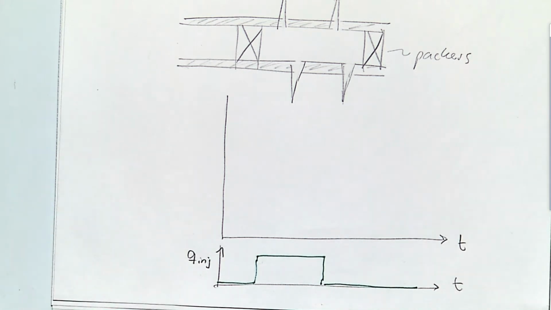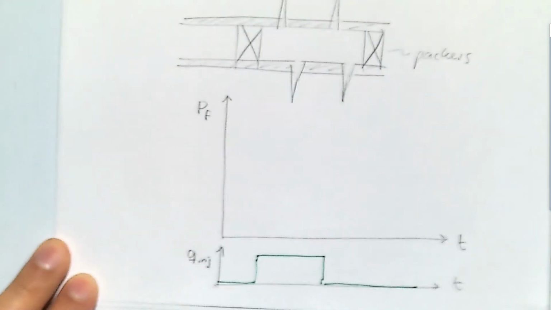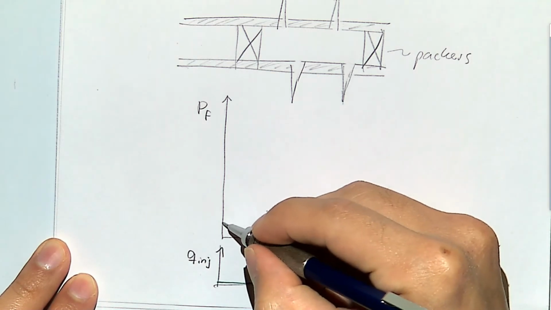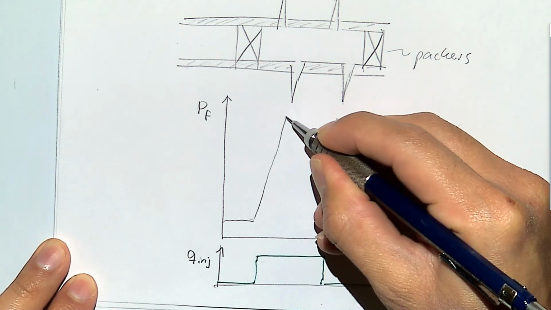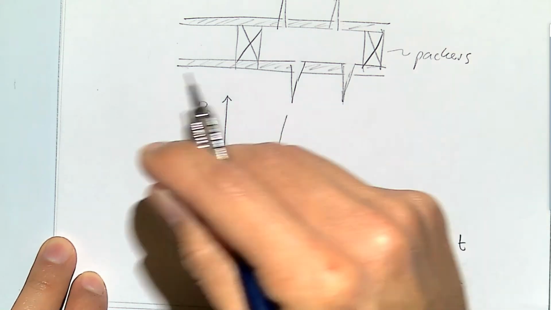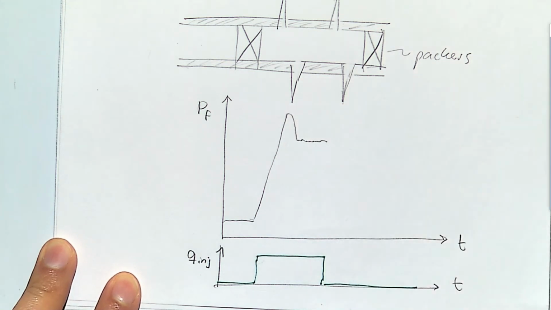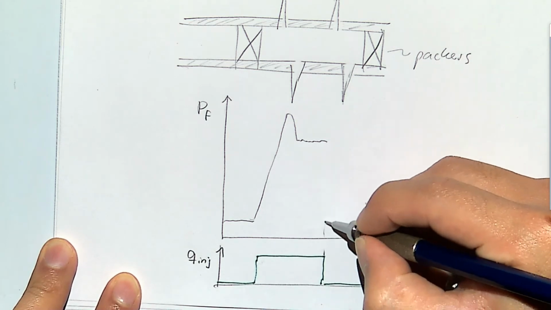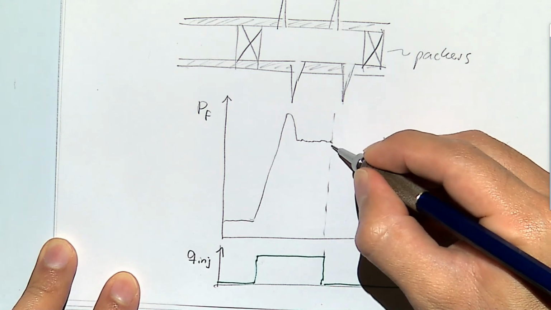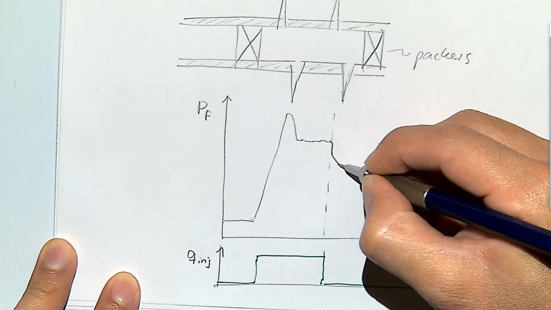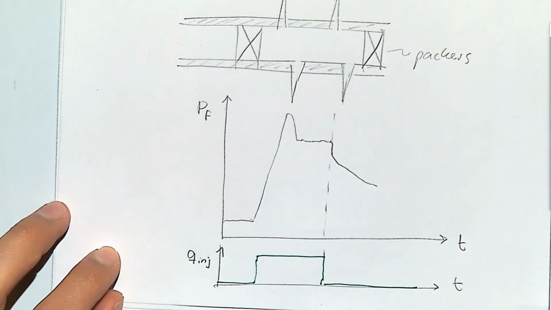Very similar to the leak-off test, you're going to see a pressure that first is more or less constant because you're not injecting, increases, goes to a maximum value, and then decreases. It goes into more or less constant value, and lastly, when you shut in the wellbore, pressure decays and it starts to go down.